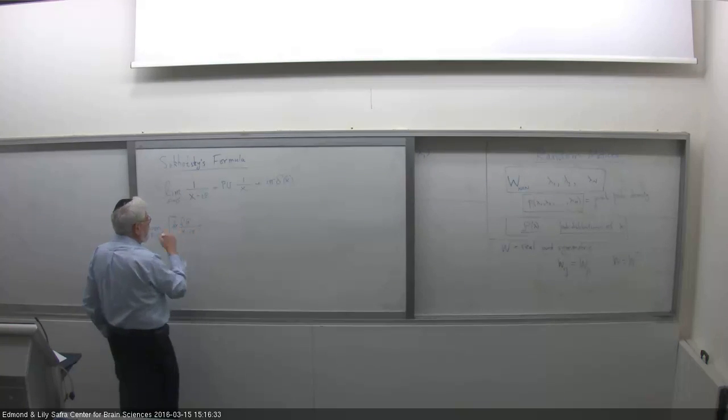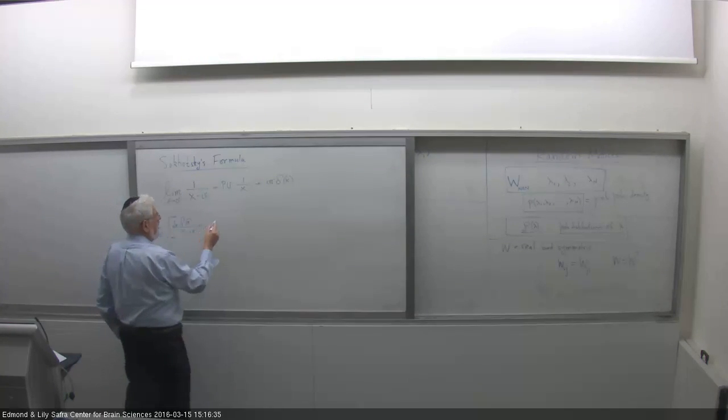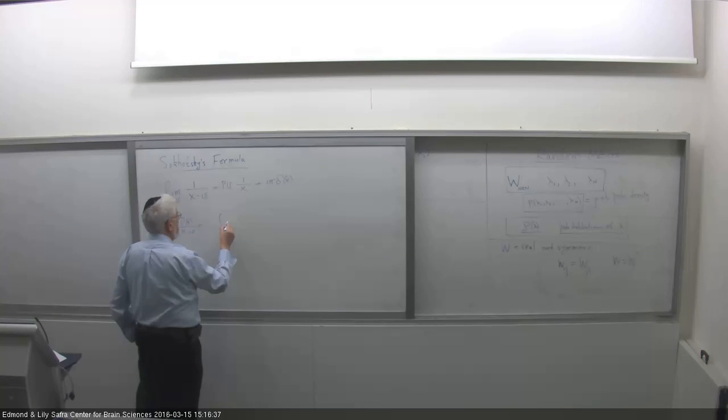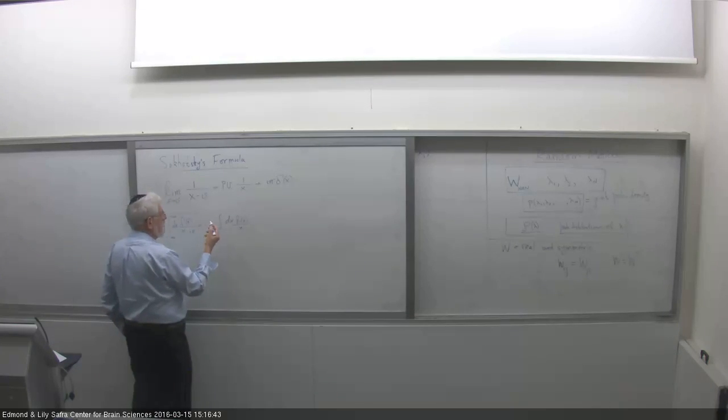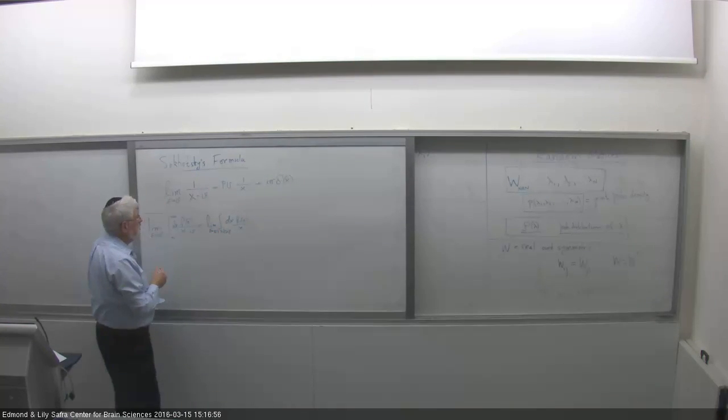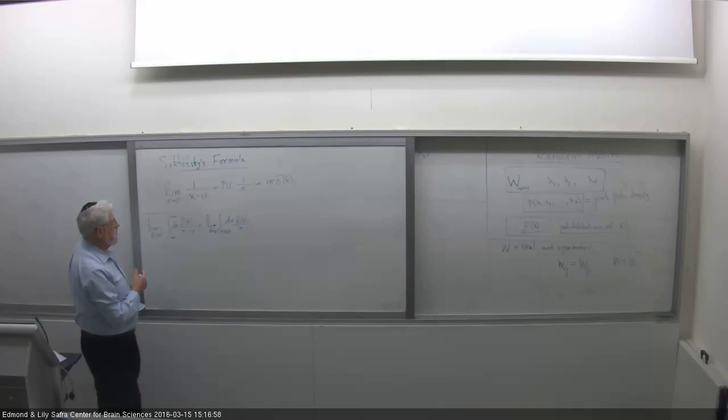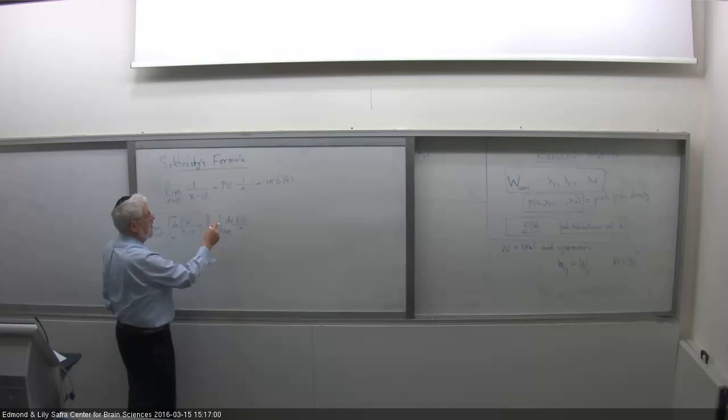So the real part will just be the integral dx f of x over x, but the principal part of the integral means that you take the integral outside epsilon, or some cutoff, and you take the limit as epsilon goes to 0. So that's what the principal value means.